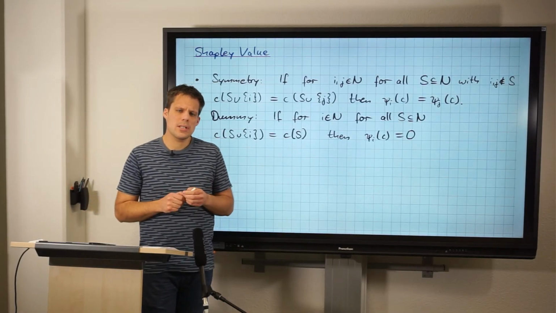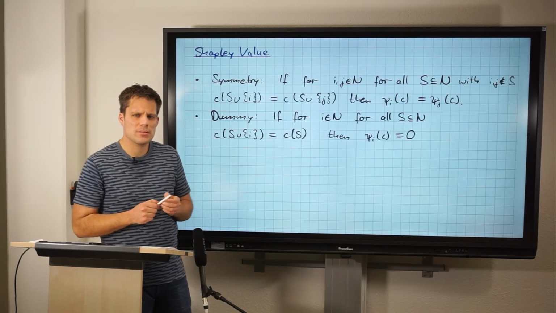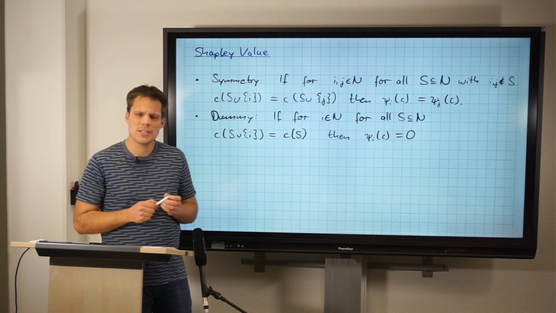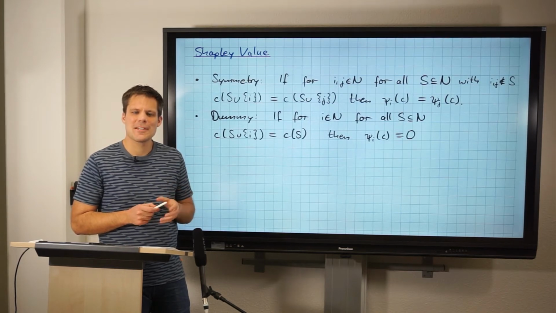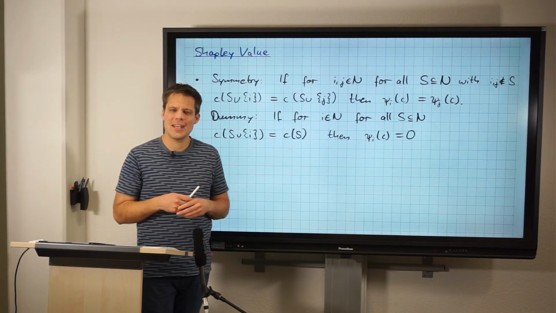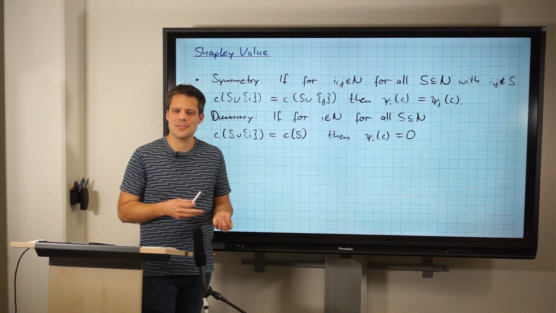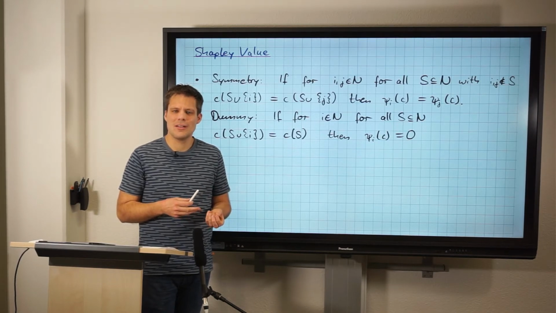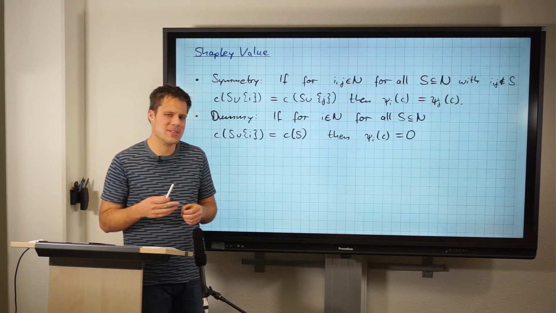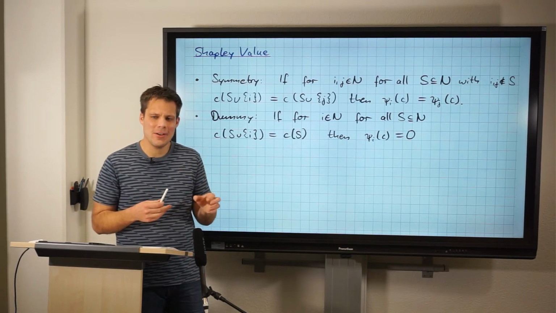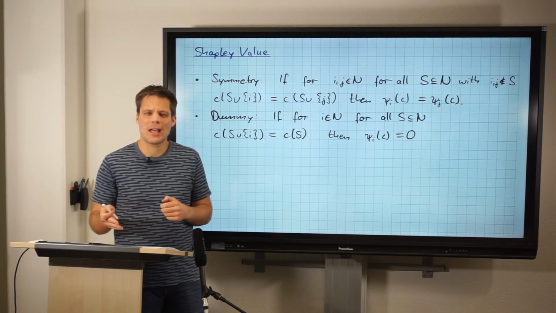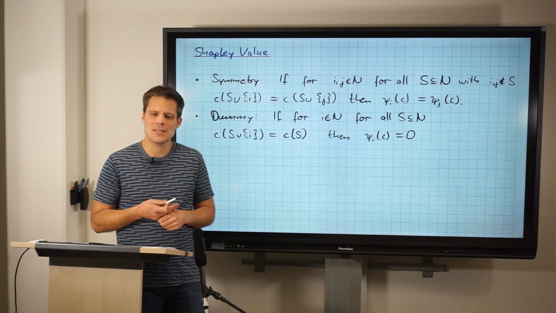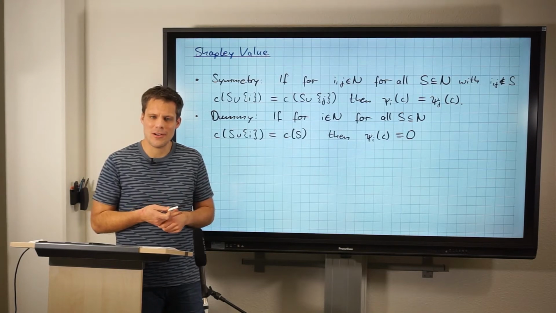This is also a very natural property, but it is hard to come up with an example in reality. For example, if kids ride for free on the train, and under all circumstances, even if they are alone, they don't pay anything, then why should they get associated some cost share in our cost sharing vector?